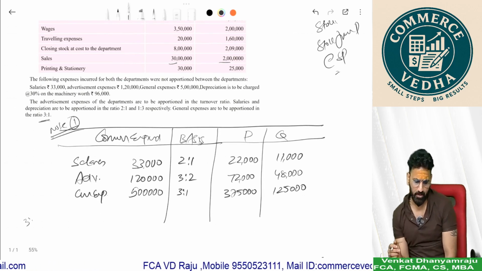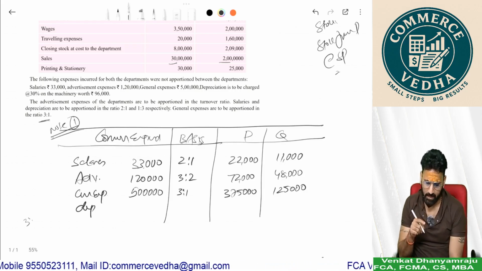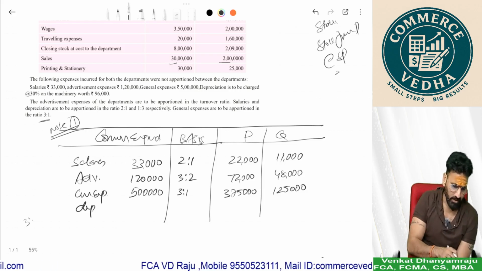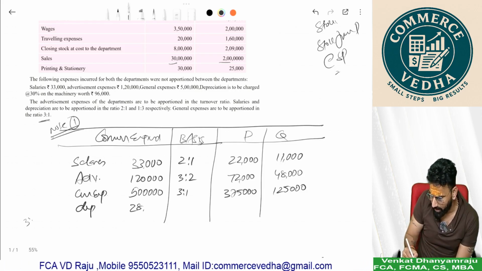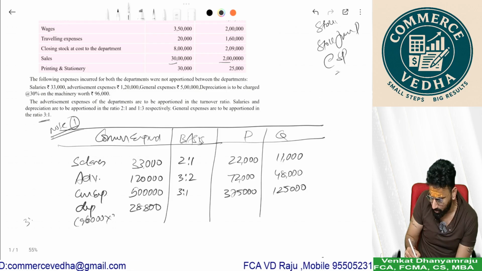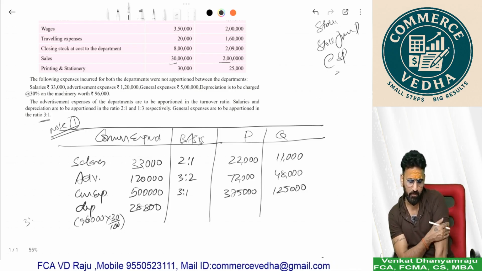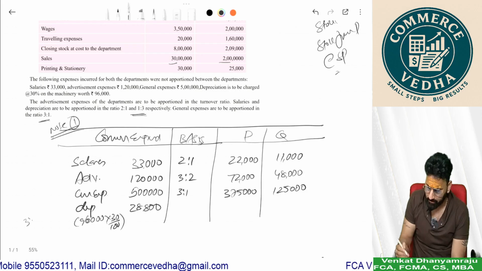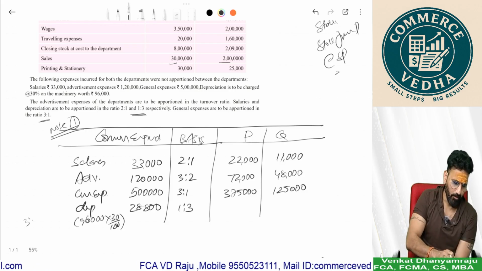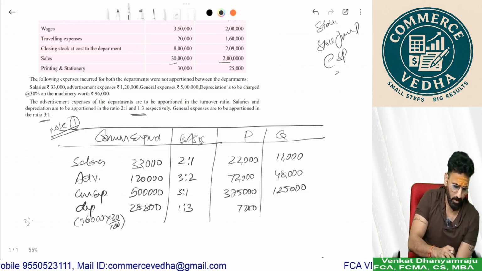And the fourth common expenditure given in the question is depreciation, which is 30% on the machinery of 96,000. So 96,000 into 30%, 28,800. And this must be charged in the ratio of 1:3. 28,800 by 4, 7,200 into 3, 21,600.